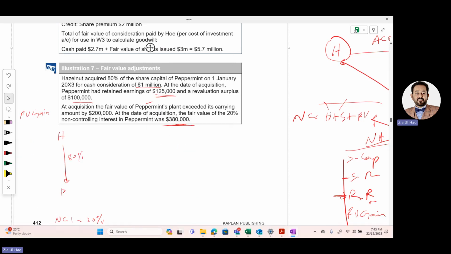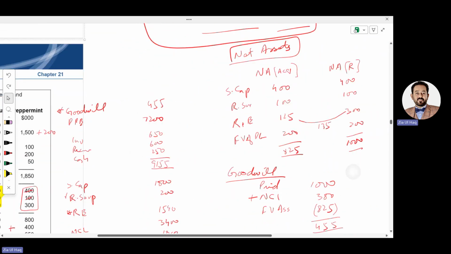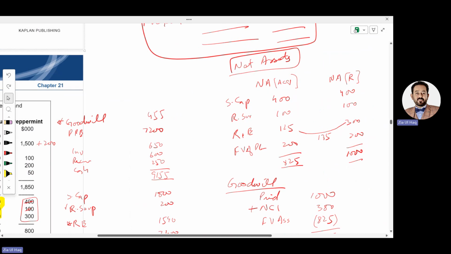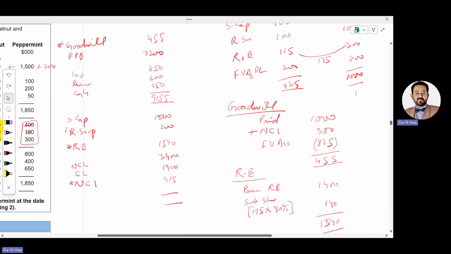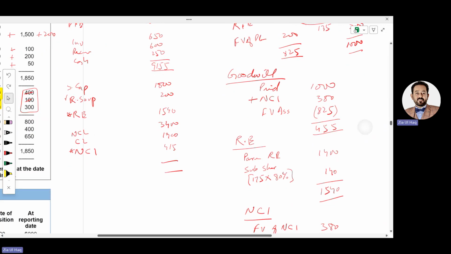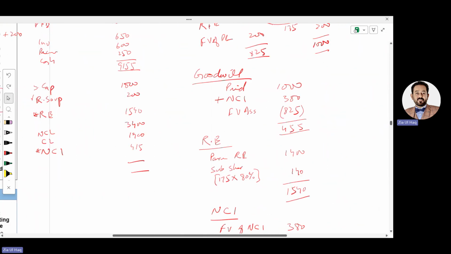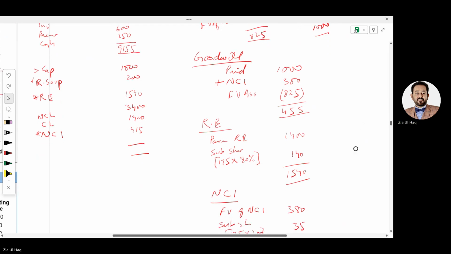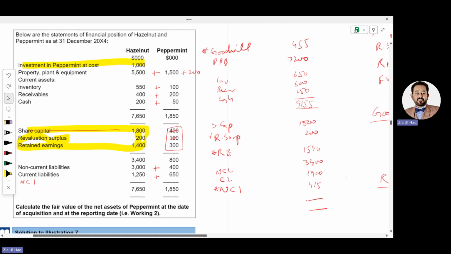We have used 100 in the calculation. Consideration paid is 1000, less fair value of assets 825. Retained earnings of parent 1400. Yes, 140 is the subsidiary's share. Where is the difference of 100 in my calculation?